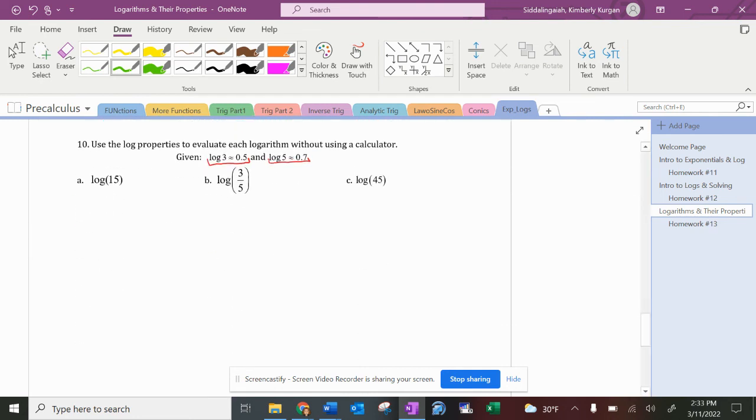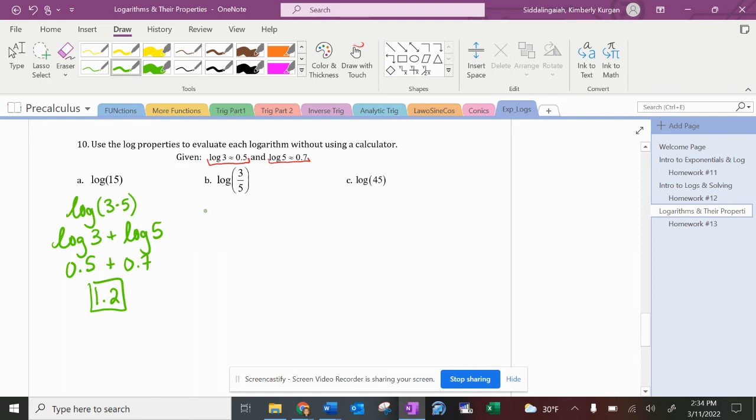Log of 15. Well, if I'm only allowed to use 3s and 5s, this is going to be log of 3 times 5. So that's going to be log of 3 plus log of 5. And now I'm going to substitute. So 0.5 plus 0.7 is 1.2.